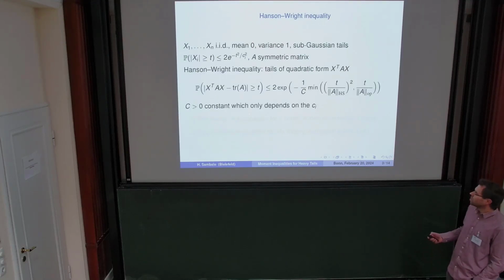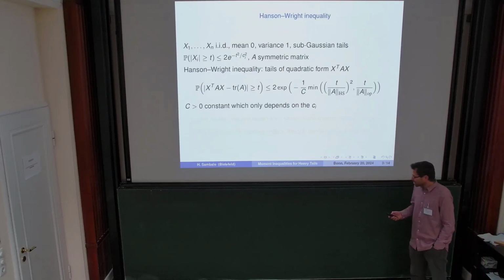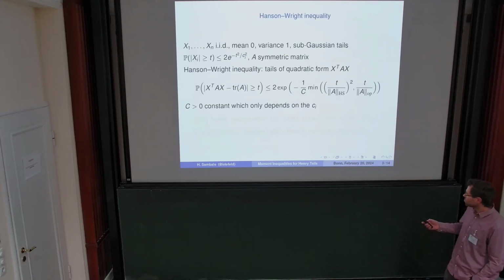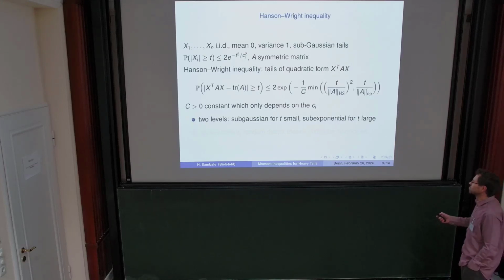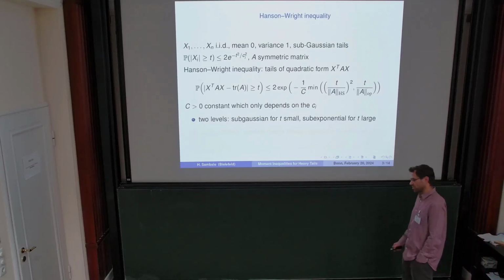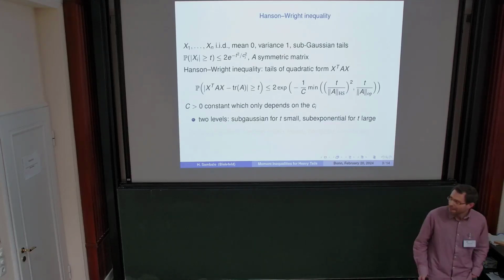So what do you do? You center the whole thing, which under the conditions which I've written down here has expected value just the trace of A. And then you see that you get such a two-level tail bound. Here you have a sub-Gaussian regime, so to say, which scales with the Hilbert-Schmidt norm, which is also Frobenius norm or Euclidean norm, whichever name you prefer.